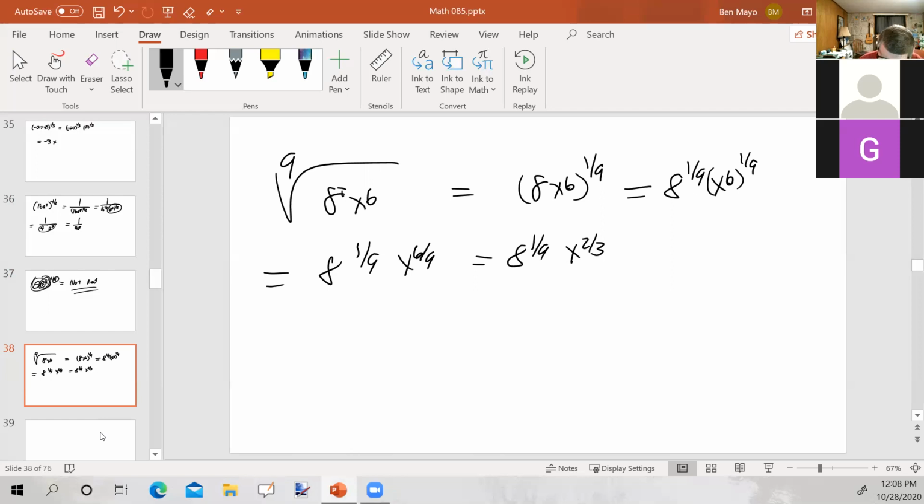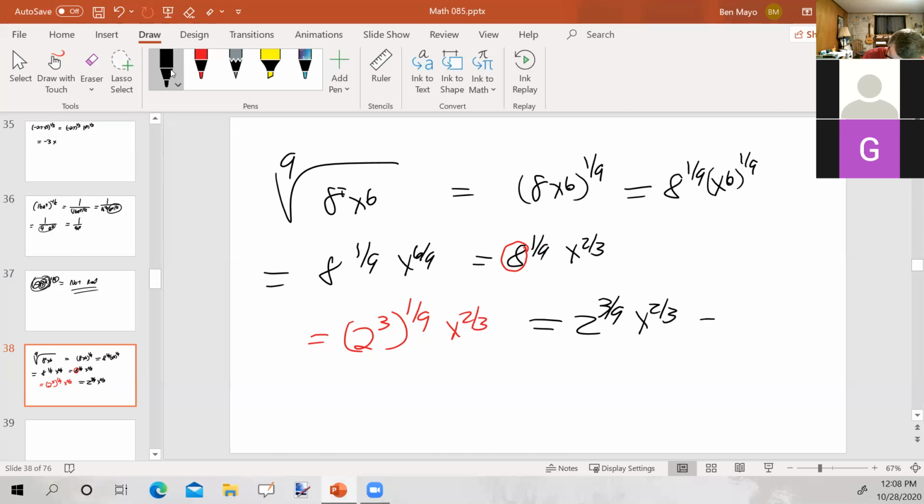But there's something else we can do that you might not think of. 8 could be written as 2 cubed. So 8 to the 1/9 becomes 2 cubed to the 1/9, but now that's 2 to the 3/9, which is 2 to the 1/3 x to the 2/3.